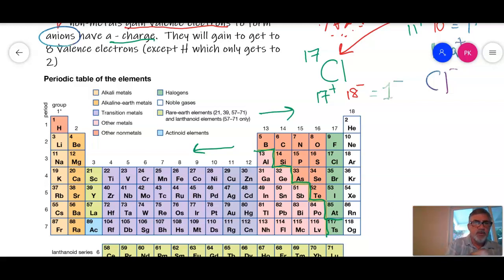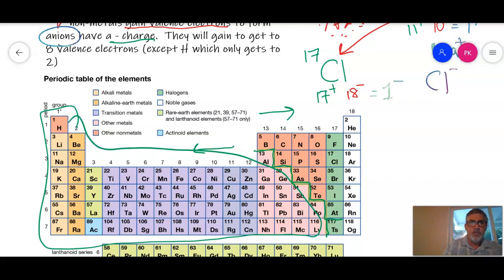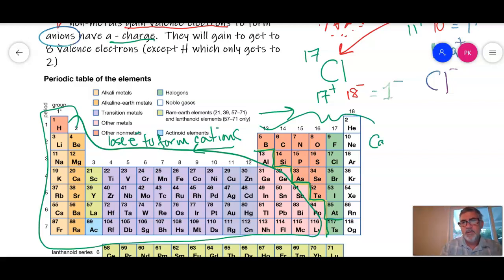Everything over on this side will lose electrons, and everything on this side will gain electrons.